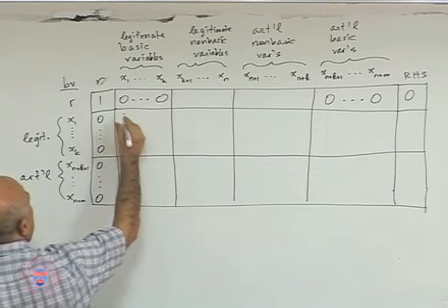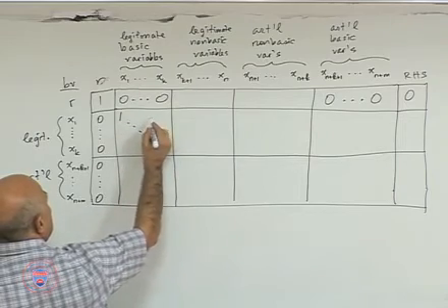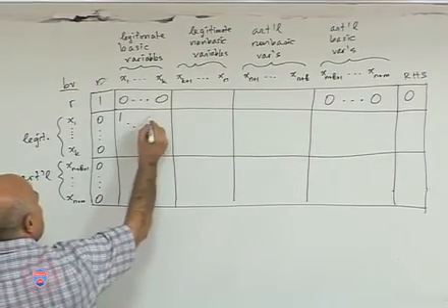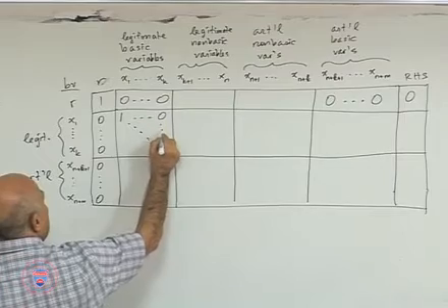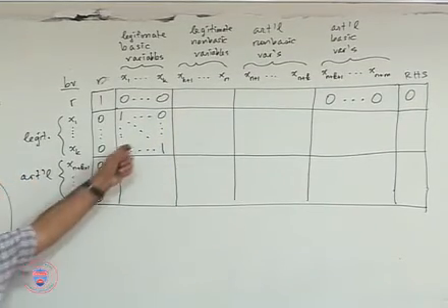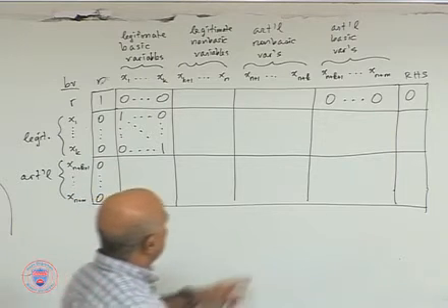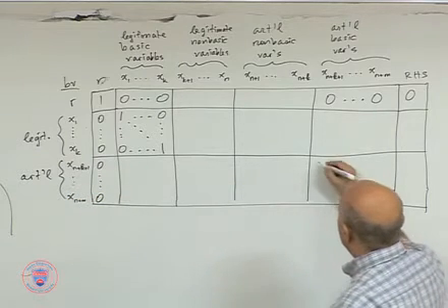Now, we've got our unit vectors here. So there's a big identity here, k by k identity. You also have identity here.